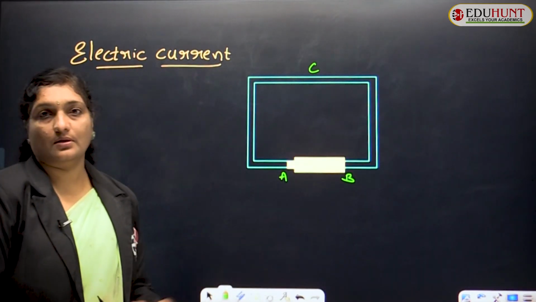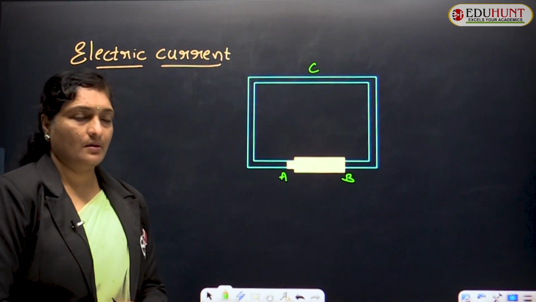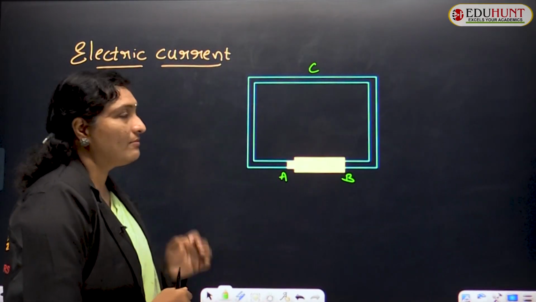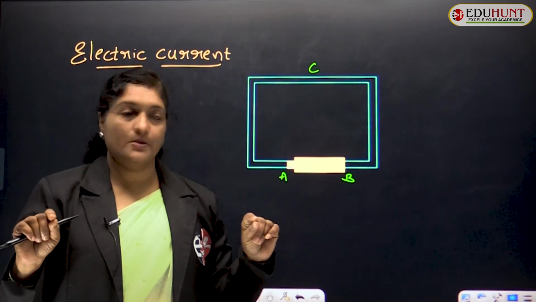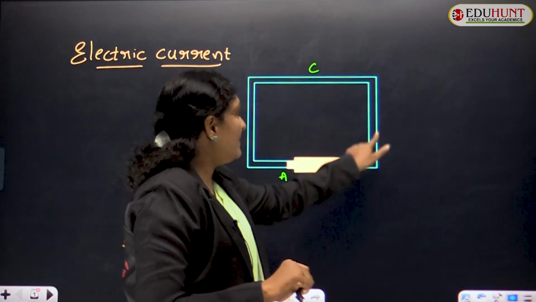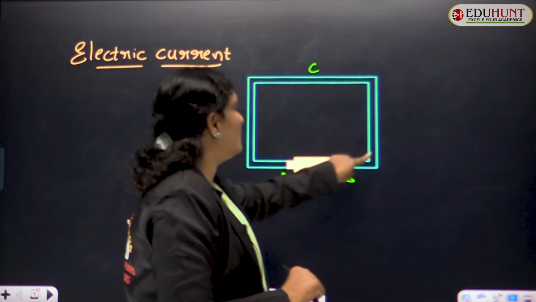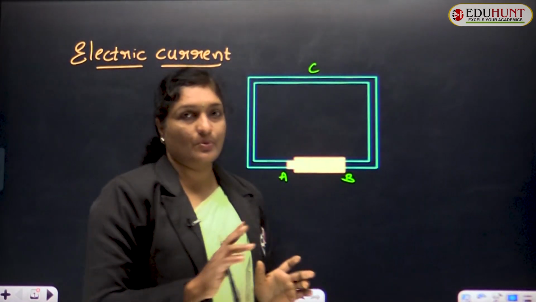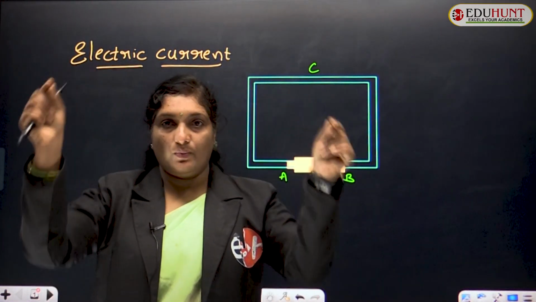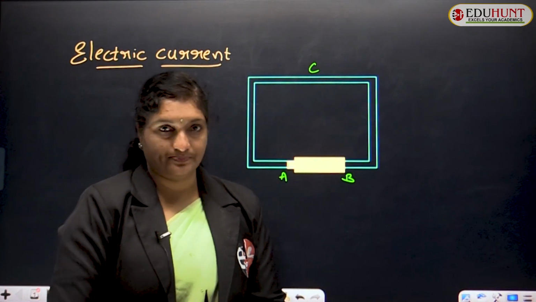Consider a circuit as shown in the figure. So what exactly does a circuit mean? You have to consider a metal wire. So a metal wire is bent in this format. The blue color, let us suppose that blue color indicates a metal wire in that structure.